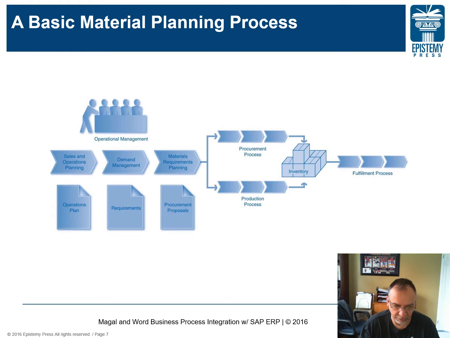It creates an operational plan, and demand management translates these plans into requirements for individual materials. Now we move to the material requirement planning phase, which uses these requirements to generate final procurement proposals for all materials. And these either trigger planned orders or production orders or purchase orders.